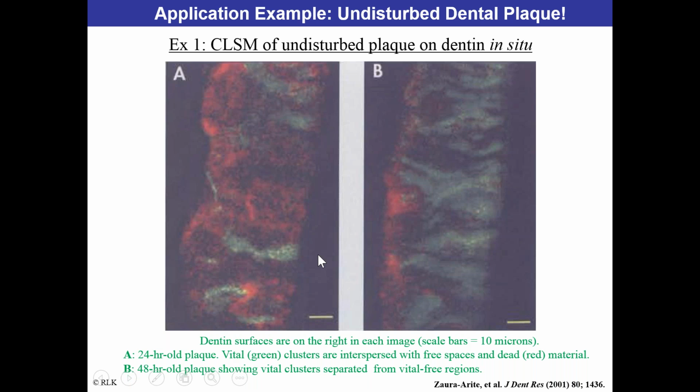So the dentin surfaces are on the right in each image. You see in A and B, in the bottom right of each of those images, you have a horizontal bar. The horizontal bar typically indicates a size, and that size is noted as 10 microns. And near that surface, you have the dentin. So just regard the black regions here. The interface between this modestly colorful layer that immediately borders that black region, again on the right-hand side in each image, would be the dentin.